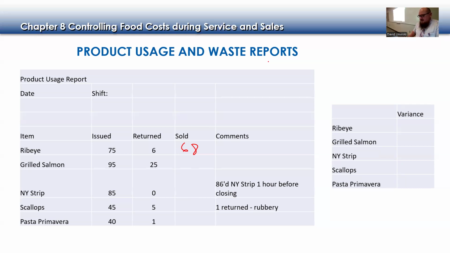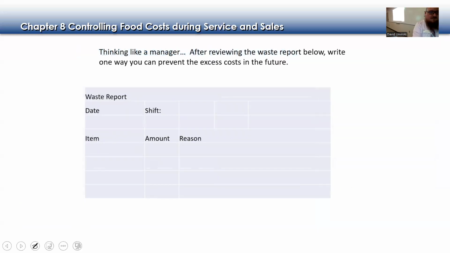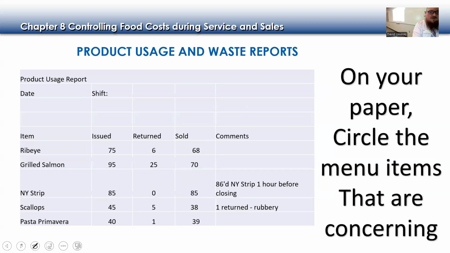So we have 68, our product usage, 70, 85, 38, and 39. 68, 70, 85, 38, and 39. It's up here on the screen.